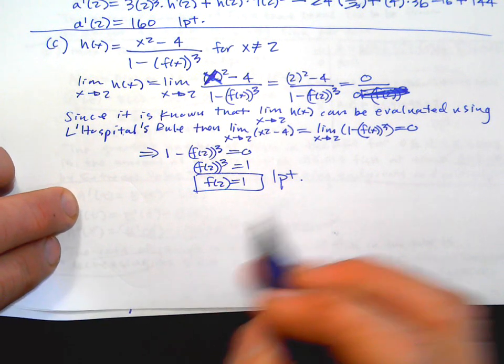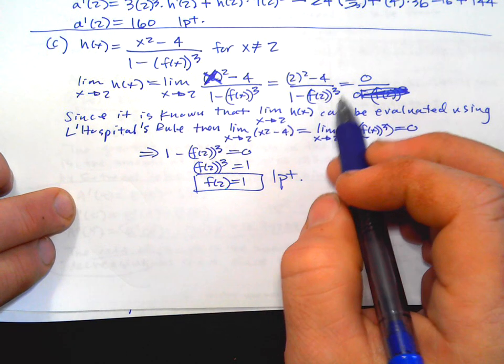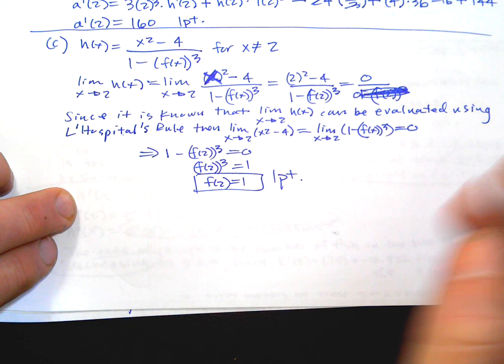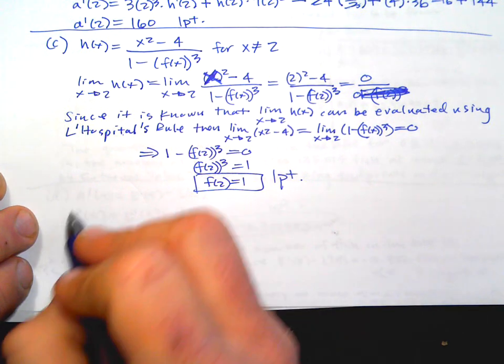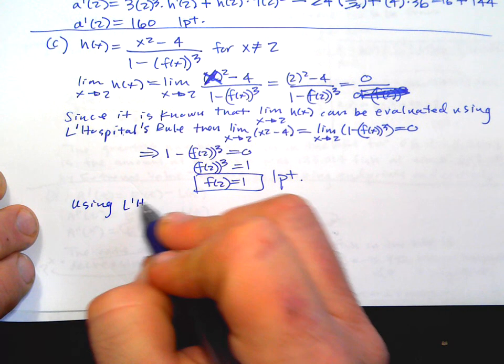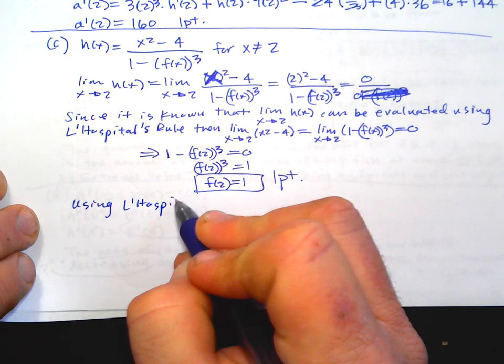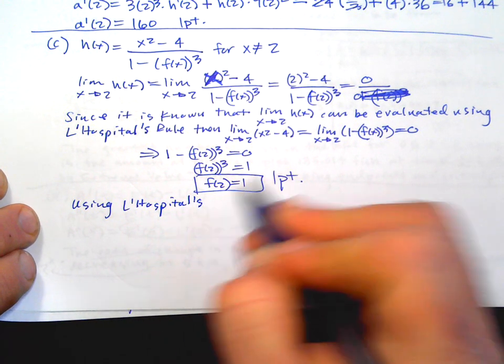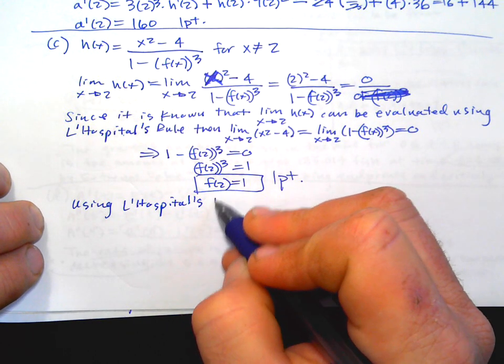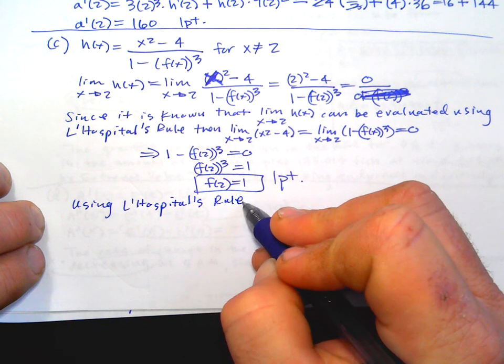So since we can do L'Hopital's rule, we haven't done L'Hopital's rule yet, by the way, you would end up taking the derivative of the top and bottom, right? So we'd say, using L'Hopital's rule. So we know we can use it, but we haven't used it yet. We've used the criteria to use it to help us find something. But now let's go ahead and use L'Hopital's rule because that's going to bring in the derivatives.